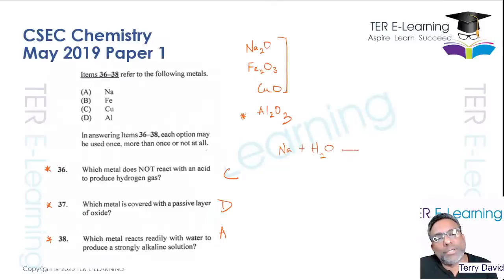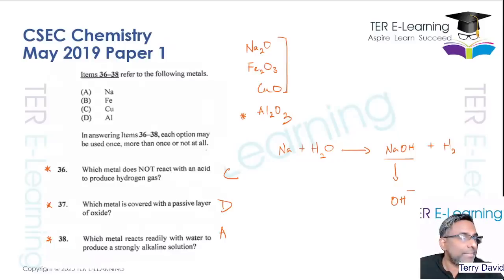Sodium plus water, you'll get a solution of sodium hydroxide, which is NaOH, plus you're going to get hydrogen gas. So the reason why I get a strong alkaline solution is because you're producing sodium hydroxide, and it is because of the OH minus ions that makes it strongly alkaline. So that's the answer for 38.